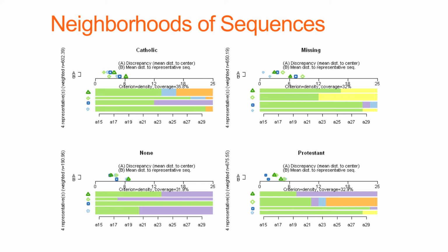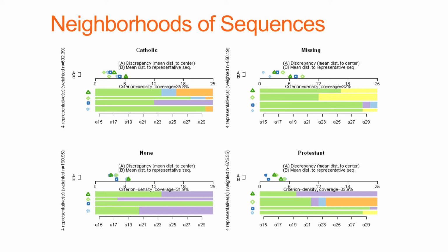And up here we have symbols that show the average discrepancy from the mean distance of the group, or mean distance to the representative sequence, and overall the scores range from 0 to 25. So they were pretty low scores for most of these.